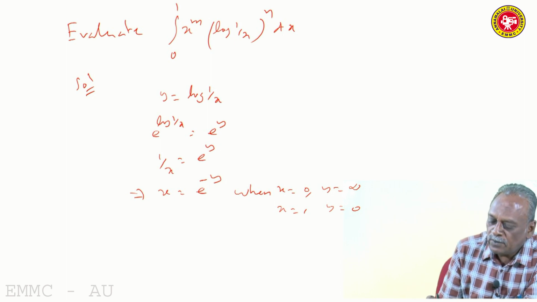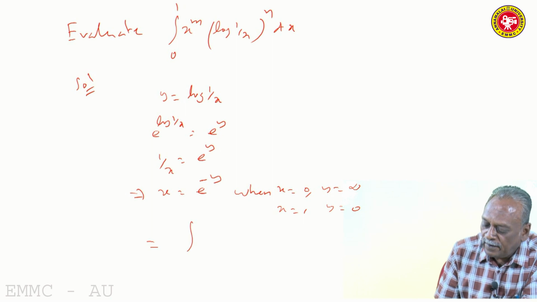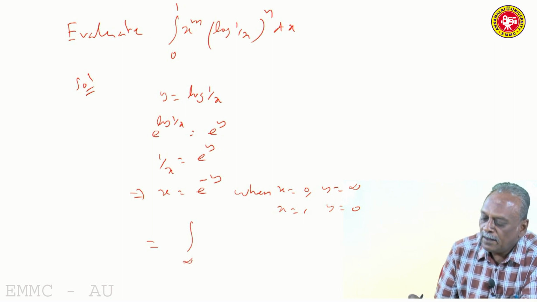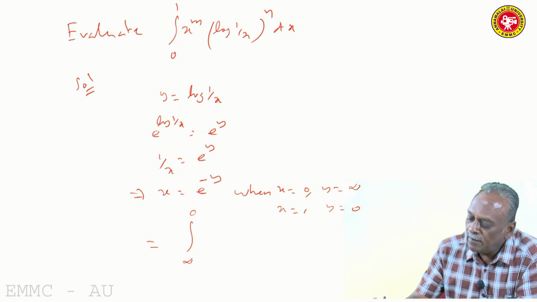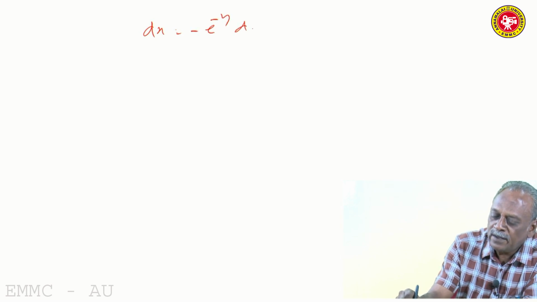So, the integral becomes: when x equal to 0, y equal to infinity, and when x equal to 1, y becomes 0. Dx equal to minus e power minus y dy.